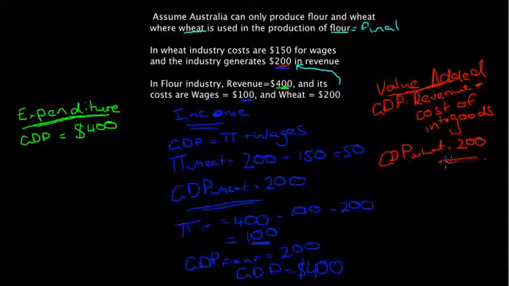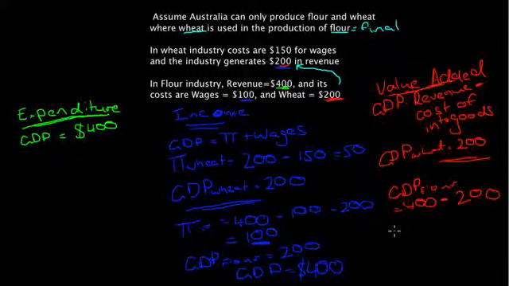That's just 200. Now for the flour industry, same thing, we've got the revenue, which is 400, minus the cost of any intermediate goods. Wheat is an intermediate good in this case, and the cost for the wheat is 200 here. So 400 minus 200 equals 200.